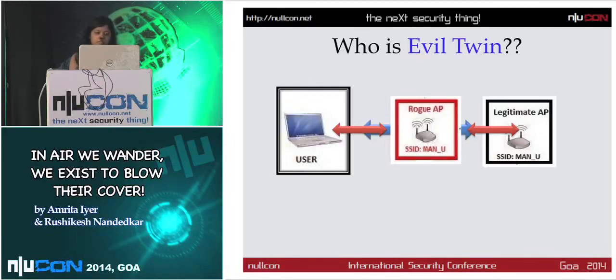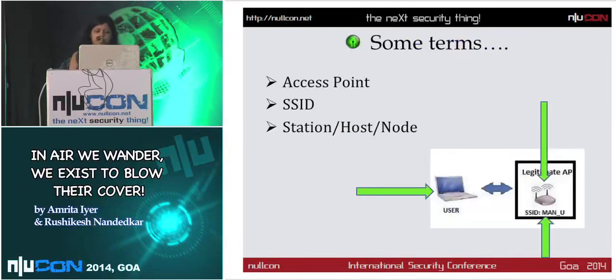There is someone else coming in between the user and the legitimate access point, maybe an old villain re-entry. This rogue access point takes the traffic from the user, messes with the data and traffic in whatever way he wants to, and then sends that traffic to the legitimate access point. Technically, a rogue access point is not allowed to sit between the user and the legitimate access point, but he is. So this is a small overview of what exactly Evil Twin is.